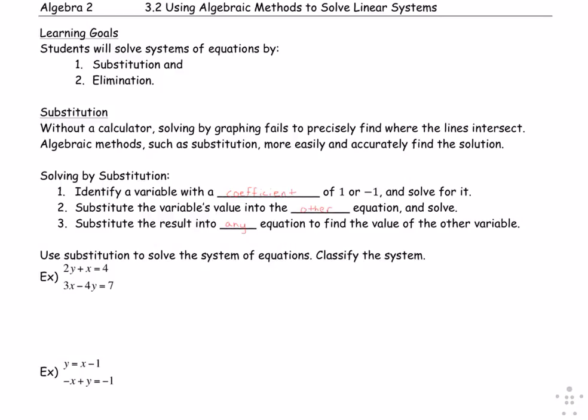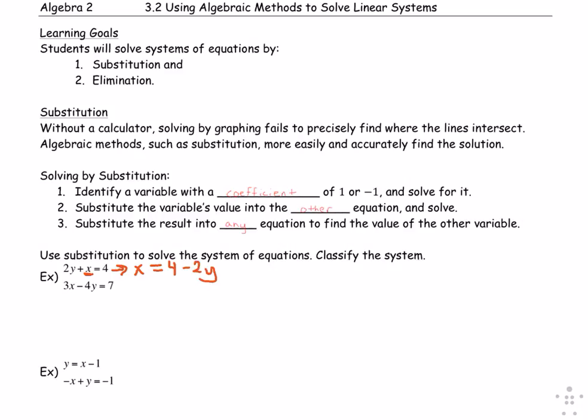Looking at the first example, I spot a variable in one of the equations with a coefficient of 1 or negative 1, so I solve for it. Moving the 2y to the other side, I get x is equal to 4 minus 2y.